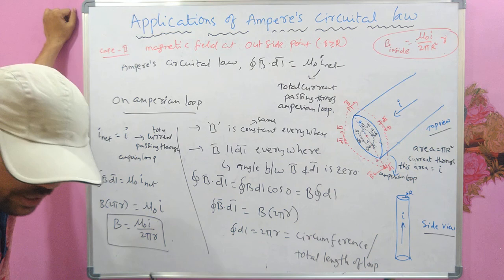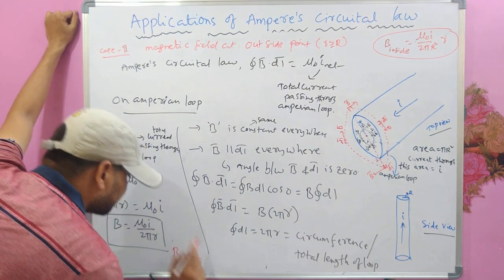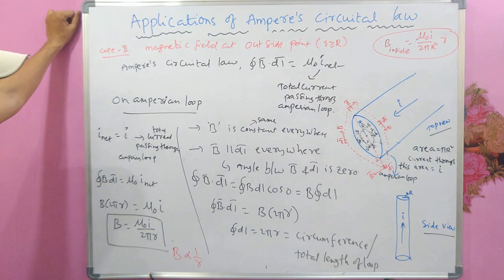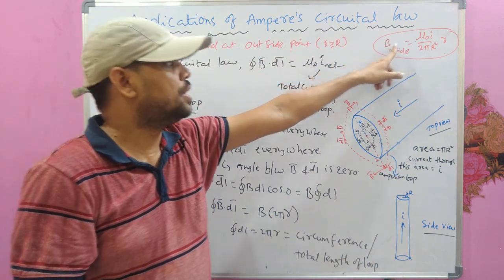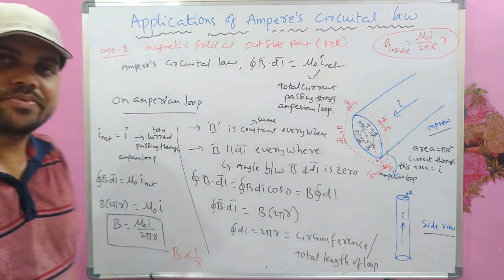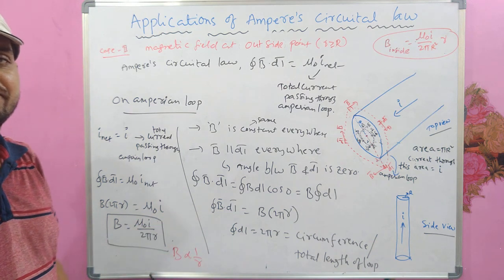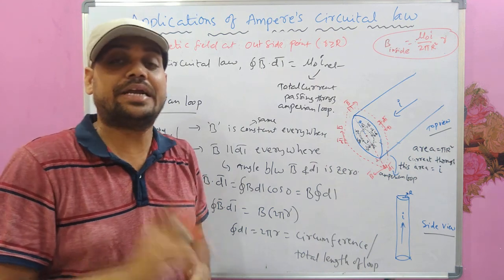And most importantly here, B is proportional to 1 by r. As r increases, B decreases. Quite opposite to this. B inside was proportional to r, and B outside is proportional to 1 by r. Very, very important for the examination, entrance particularly.